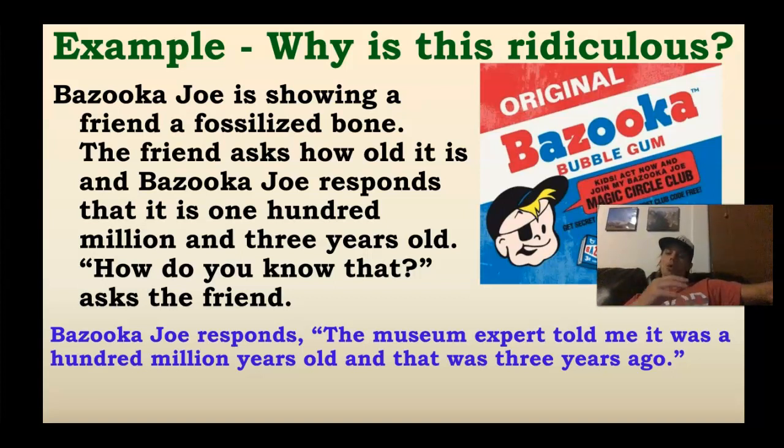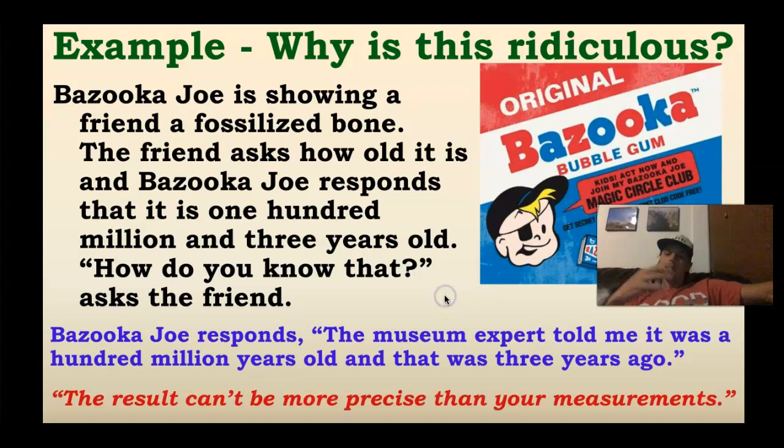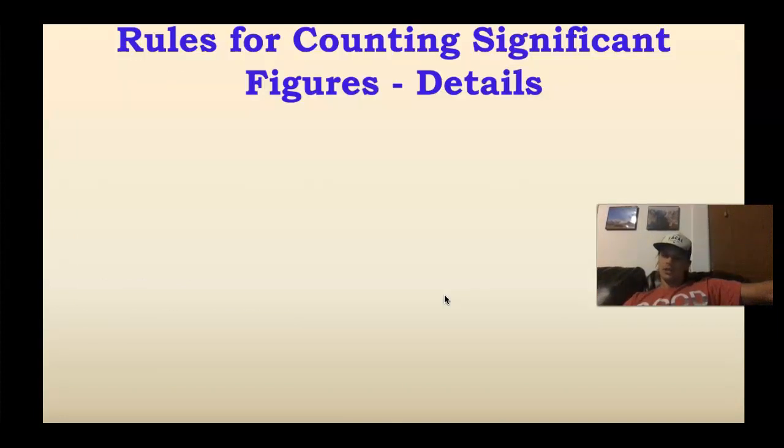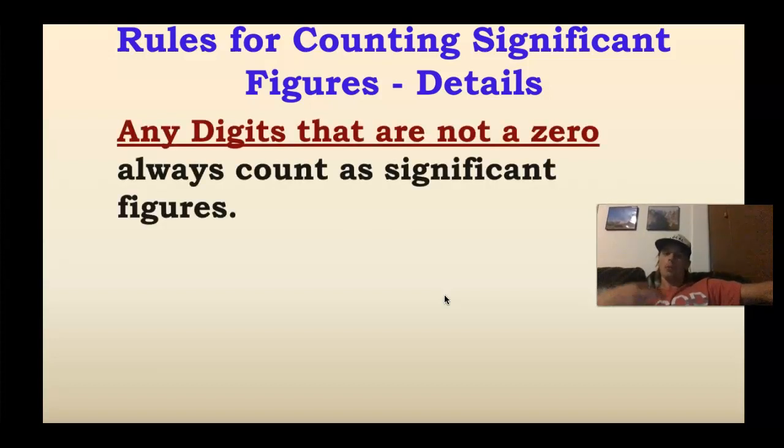I can't add a more precise digit to that and make the original estimate more precise. And that's why we're learning the rules of sig figs, to make sure that our calculations don't become more precise as we proceed. Okay? So, how do I identify first significant figures or important figures?